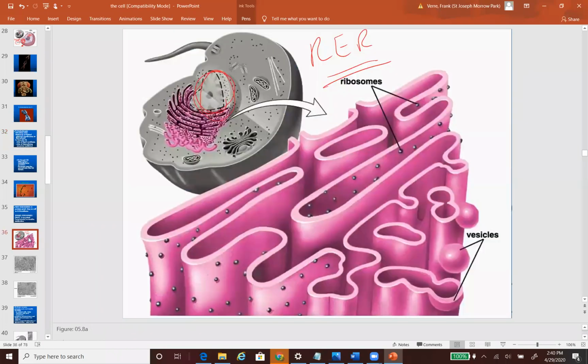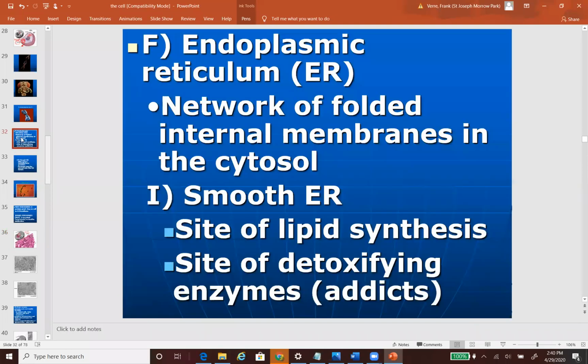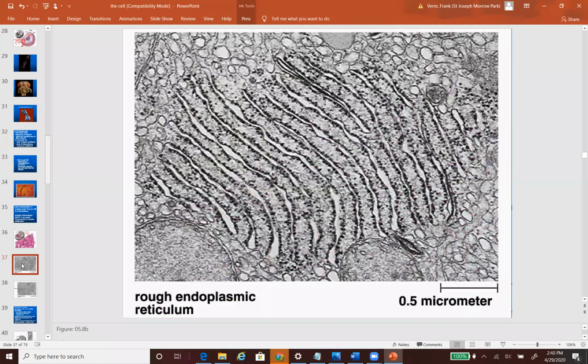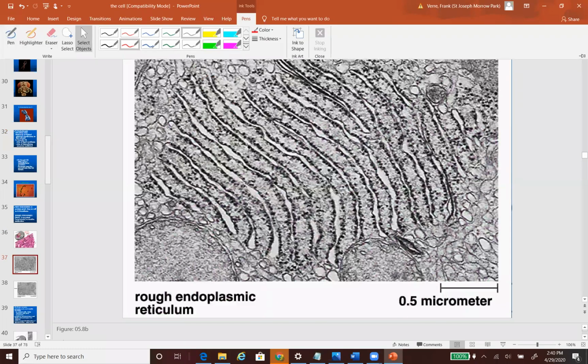You'll notice that it's got these little black dots. Okay. Now, some of it looks like it does not have black dots. So if it doesn't have the black dots, it's actually called smooth ER. So kind of like, you know, when someone has shaved, it looks smooth. So you can see the difference between the rough ER and the smooth ER. So here's actually an image of that. So here's the rough ER. You can see the little black dots.